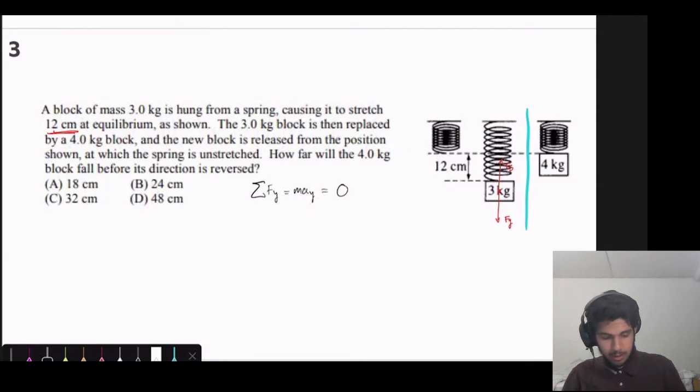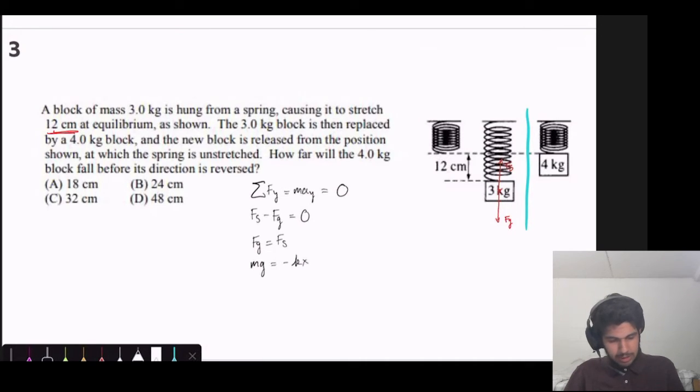Okay, so now we sum the forces and we get Fs minus Fg equals 0. Okay? And then we can do some rearrangement. Fg equals Fs, and we have equations for both of these. So mg equals negative kx.